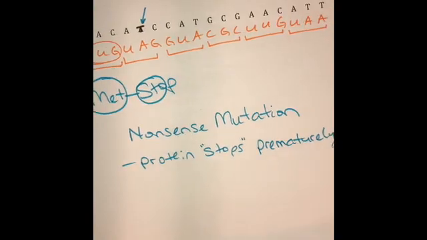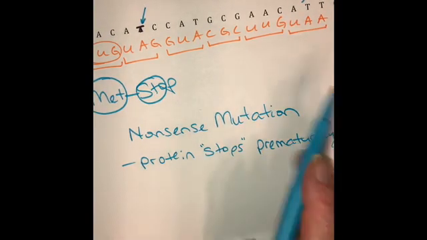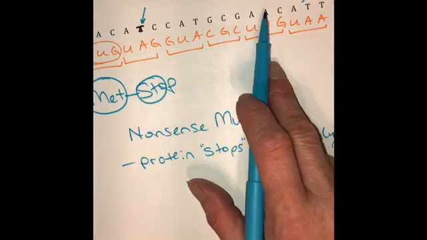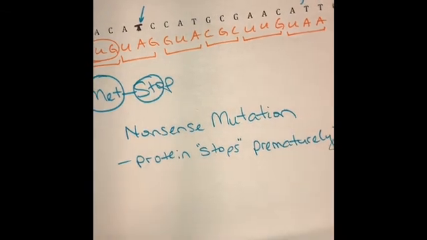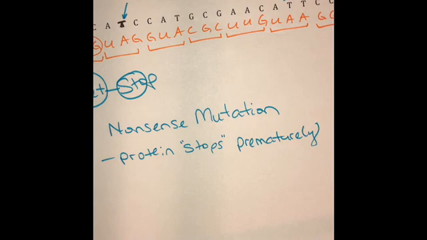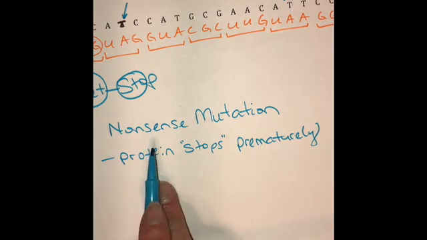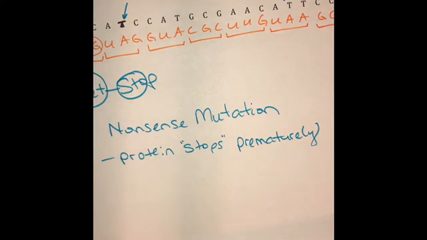In this case, like I said, the stop would actually have been down here at the end. It would have been 1, 2, 3, 4, 5 amino acids long. So because of that substitution mutation, we ended up with a nonsense protein. So we call this a nonsense mutation.